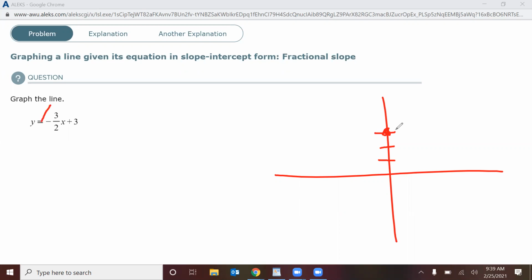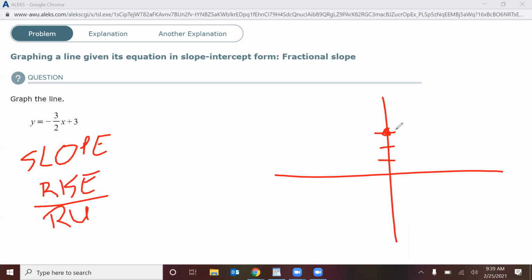The slope is -3/2, and slope can also be described as rise over run. In other words, the numerator of the slope tells us how far we rise, or how far we go in the y direction.